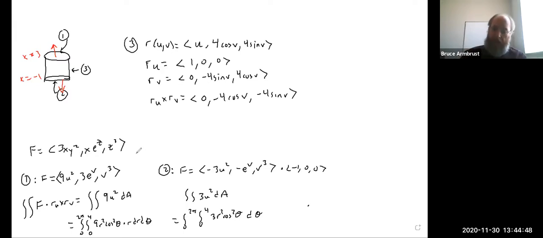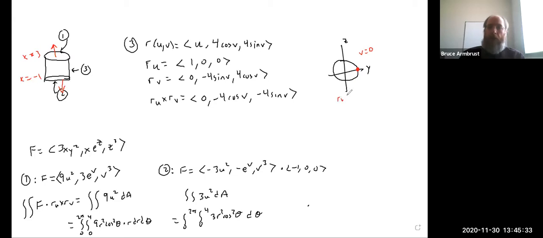Well, think about this. I know it's kind of hard to picture. So let's look at, we're looking down at the top of the can. Okay, so here's Y and here's Z. So let's think about when we're at 0. So when we're over at this point right here, this is V equals 0 because it's an angle of 0 relative to Y since we chose Y to be the cosine. Let's think about what RU cross RV looks like at that point.